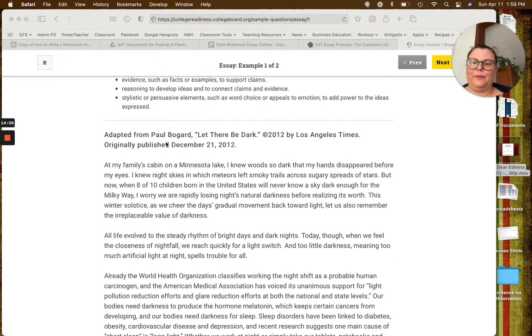Sorry about the pause there. Paul Bogard, Let There Be Dark, copyright 2012 by the Los Angeles Times. Anytime you get a word there that's Times, generally speaking, that's a newspaper, okay? So this was published in a newspaper, originally published December 21st, 2012. It's called Let There Be Dark. If it's in a newspaper, it's going to be an opinion or what's called an op-ed or an article. And we know who published it.